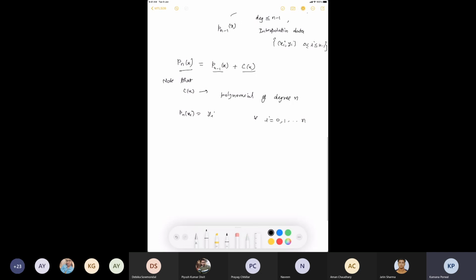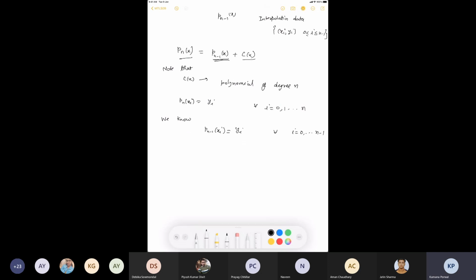Now, we already know something about the Pn minus 1, right? So what we know is that Pn minus 1 at xi is nothing but the yi for all i ranging from 0 up to n minus 1.